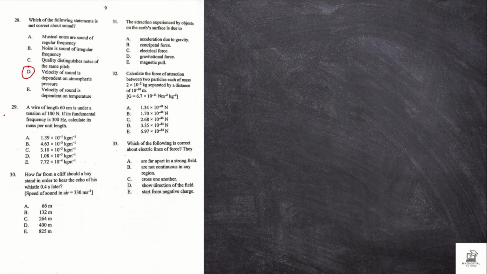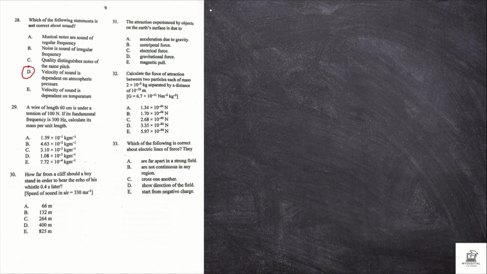Question 29 is an objective calculation. It says a wire of length 60 cm is under a tension of 100 Newton. If its fundamental frequency is 300 Hz, calculate its mass per unit length. So this is under verification of the relationship between the length of wire and the tension with frequency.